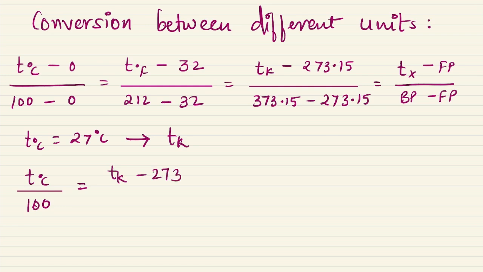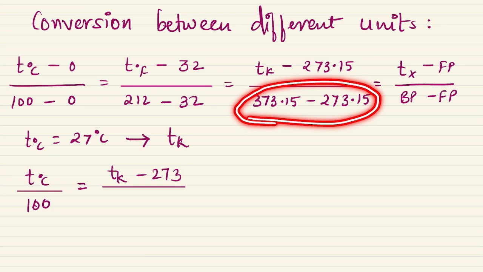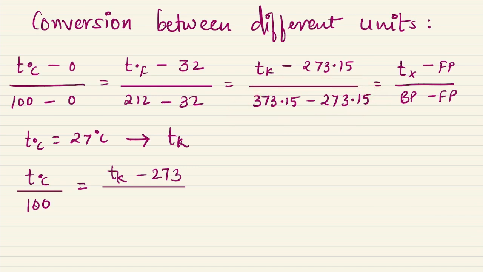So that is temperature in Kelvin minus 273. Note that I have ignored the 0.15 for ease of calculation, for parts of the world where calculators are not allowed, we can just ignore that 0.15, divided by, again, 373 minus 273, which comes out to be 100.